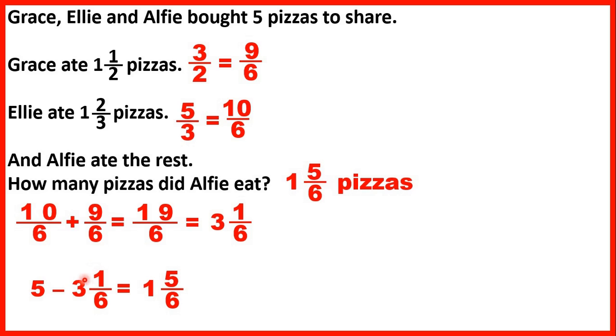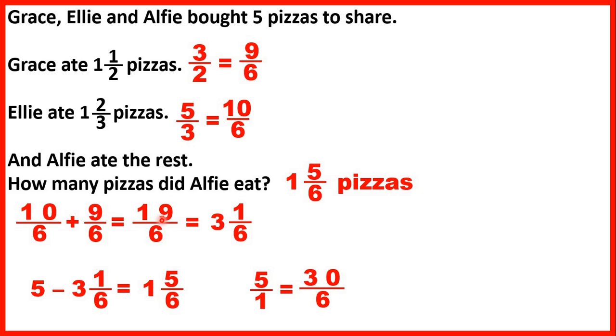Now subtracting a fraction from a whole number can be confusing, but remember the whole number 5 can be written as 5 over 1, and that's equivalent to 30 over 6. 1 times 6 is 6, 5 times 6 is 30, and that makes sense because 30 divided by 6 is 5.